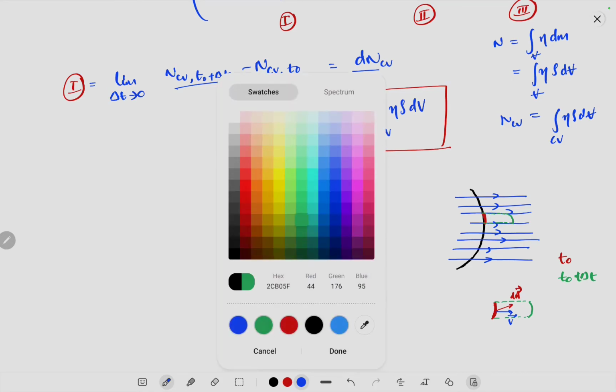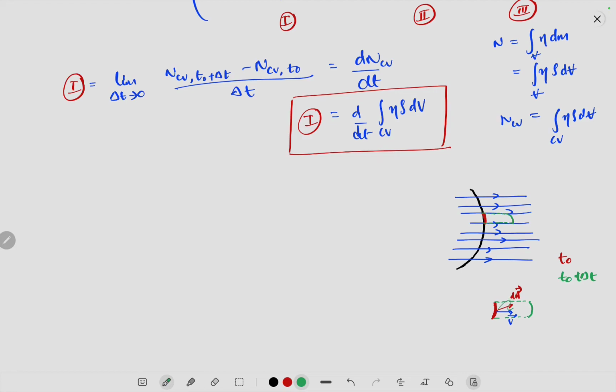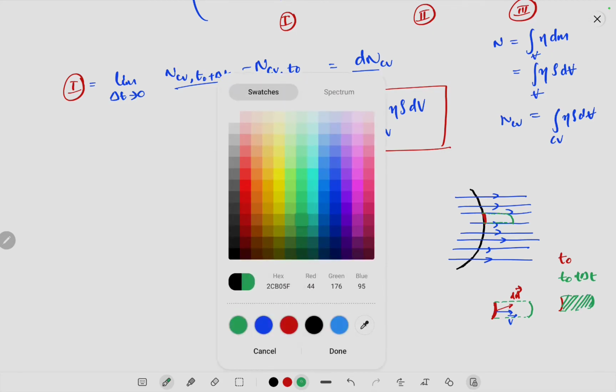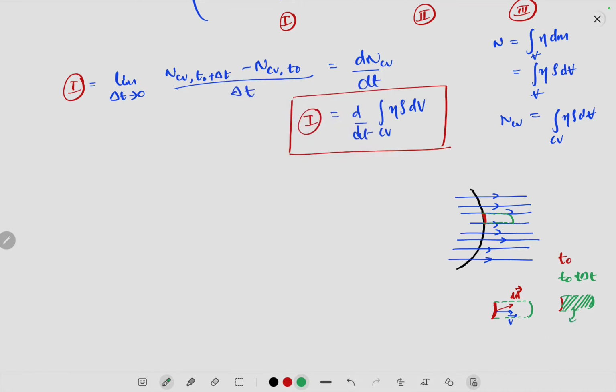Now if I ask you the question, what is the volume of this portion? The answer is, this volume is V dot dA delta t.